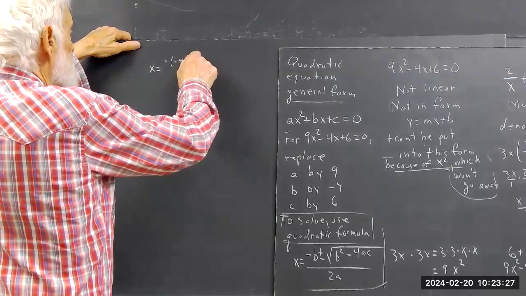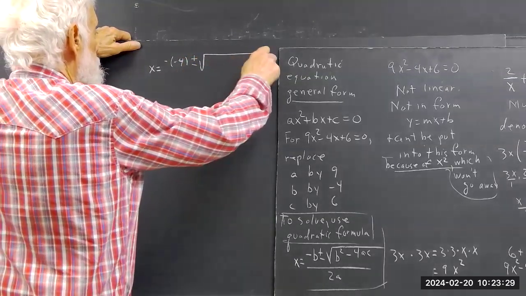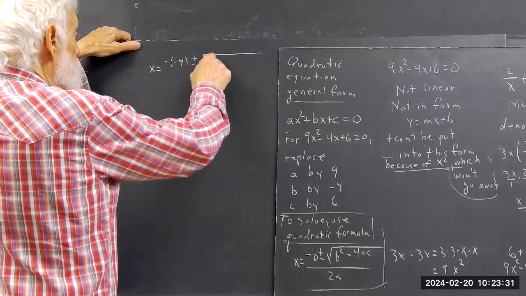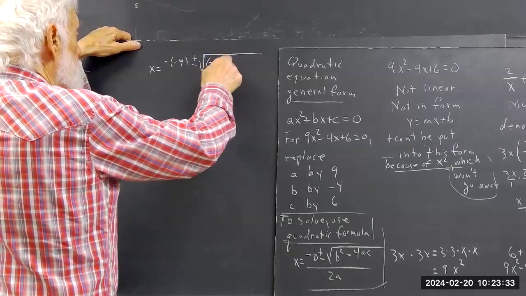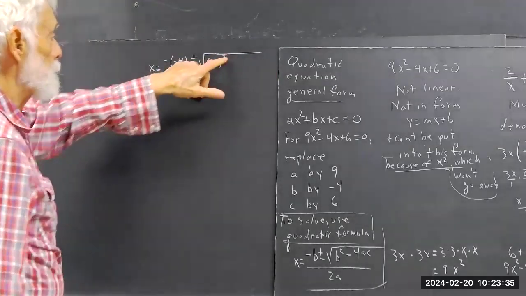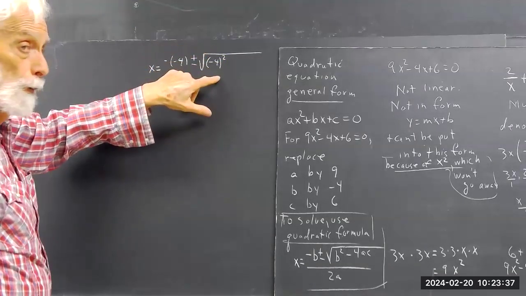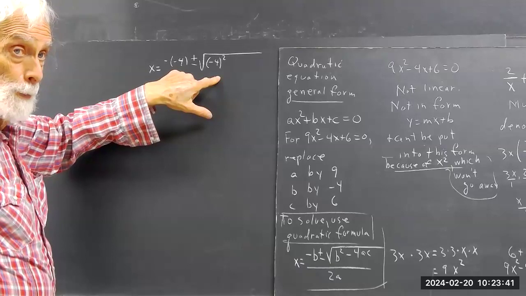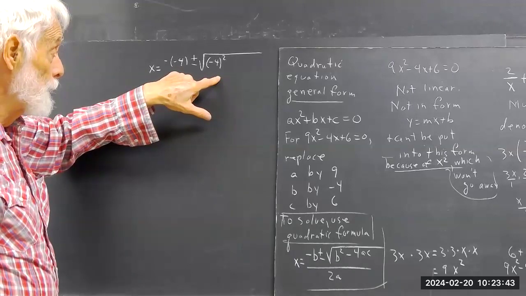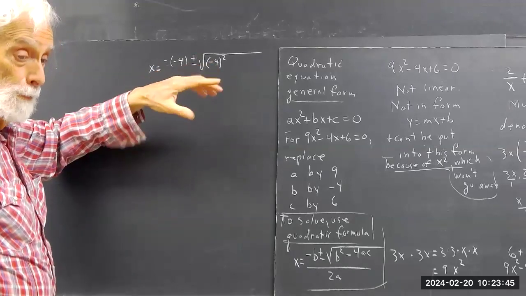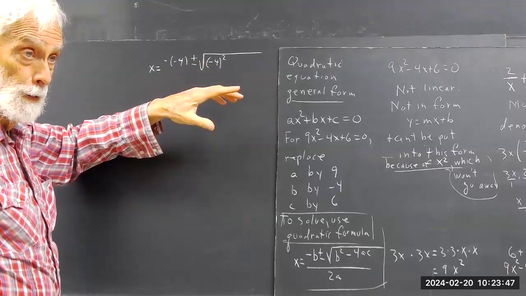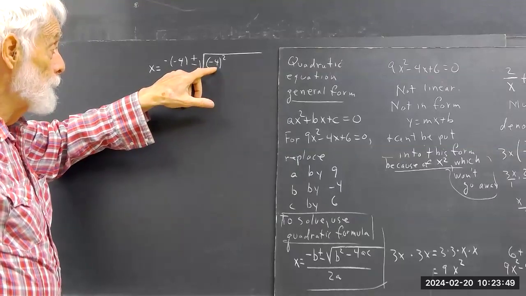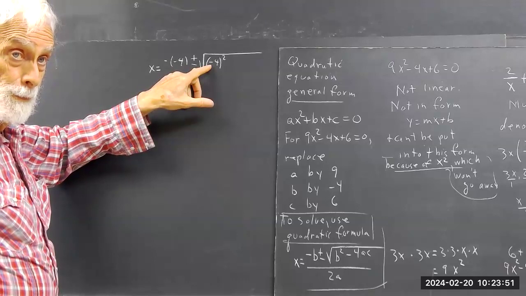Then plus or minus the square root of b squared, which is the square of -4. If you're squaring -4, make sure you put the -4 in parentheses, because if you don't, you might enter it in the calculator that way. If the calculator follows the order of operations correctly, it will square the 4 and leave the negative there.